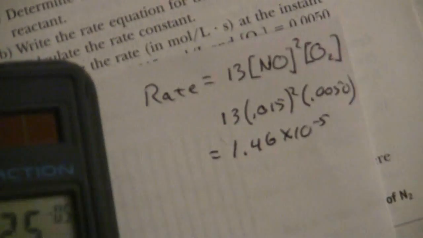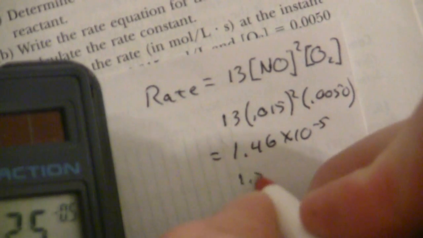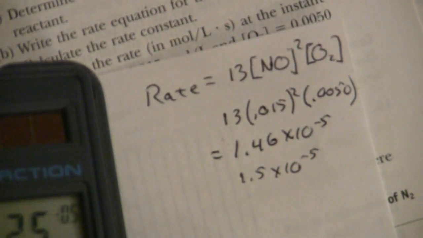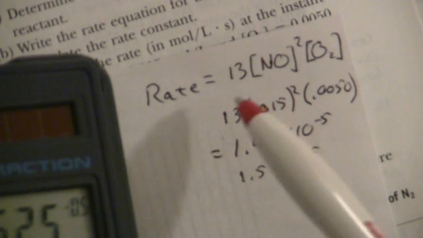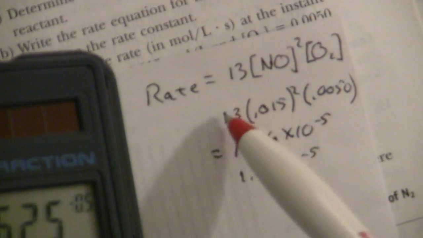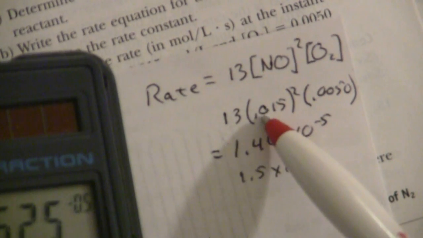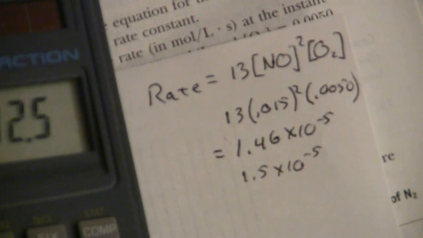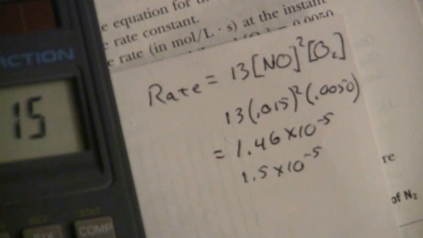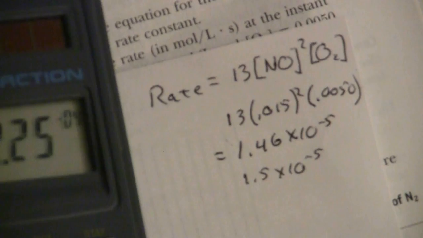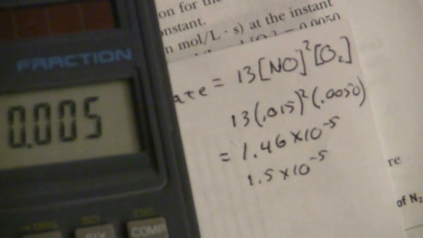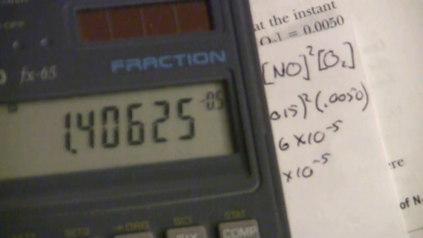We should really call this 1.5 times 10 to the minus 5 to keep our significant figures. In fact, to avoid rounding errors, we really should use 12.5, and that might actually make a significant difference. Curious to see here, 0.015 squared times 0.005, 1.40.